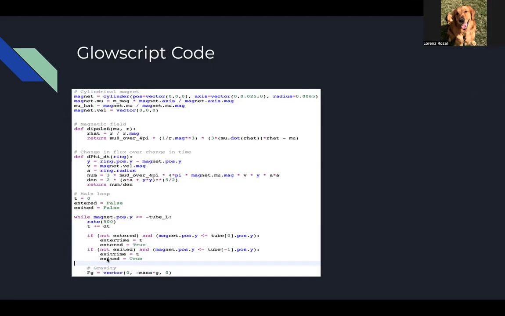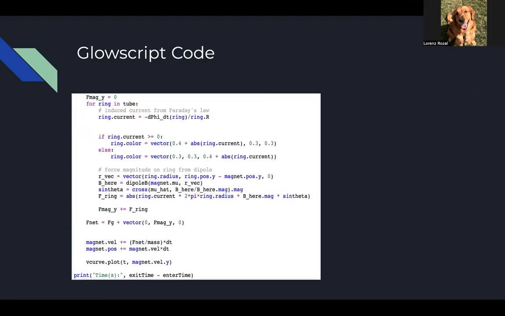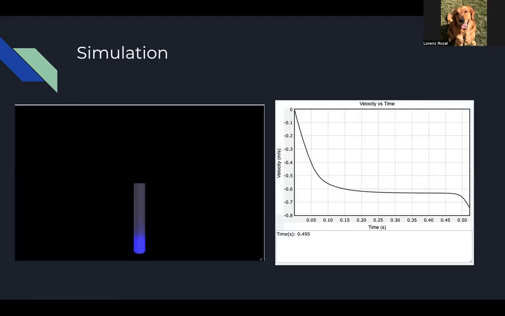We also demonstrated the force of gravity, and then we also had an opposing force. We use that, which is the induced current from Faraday's law, and then the force magnitude on the ring from the dipole, and then just the F net, which should be the gravitational force minus the force magnitude on the ring from the dipole. And then we just put that into the graph.